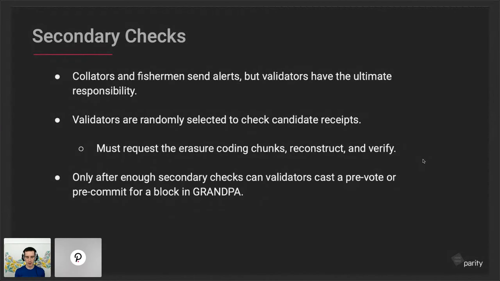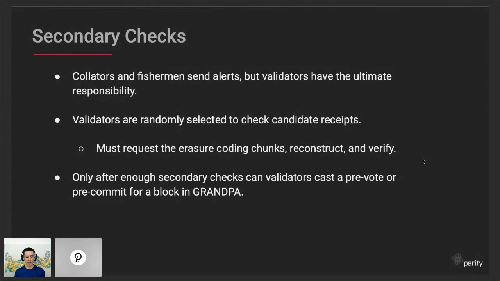This is after the candidate receipt is already in a block that's not yet finalized in the relay chain. We're just going to randomly select other validators from the set to say, hey, you need to reconstruct this block from this parachain and validate it. And so you'll start to get other validators requesting the erasure codings and reconstructing and validating them.